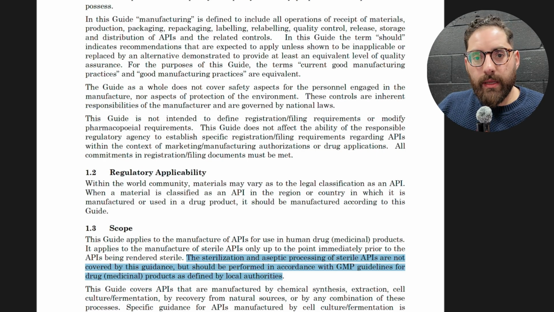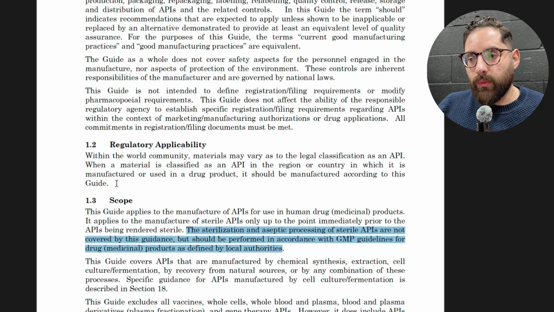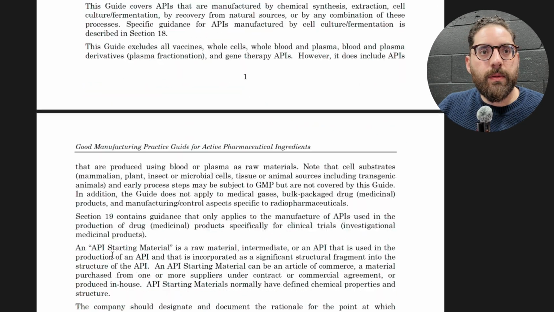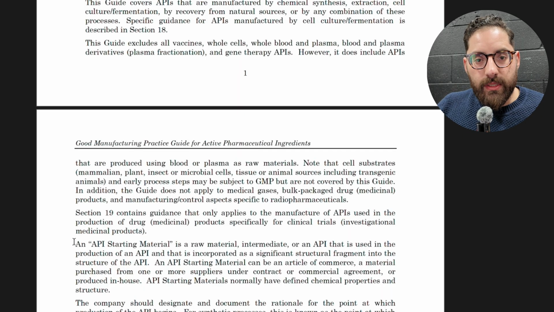One of the important foundational concepts in the guideline is around the definition of an API starting material. This is one of the most important concepts because it's not really a set standard for all products, and you need to have a product-based, process-based understanding of when GMP begins, and it needs to be clearly defined.